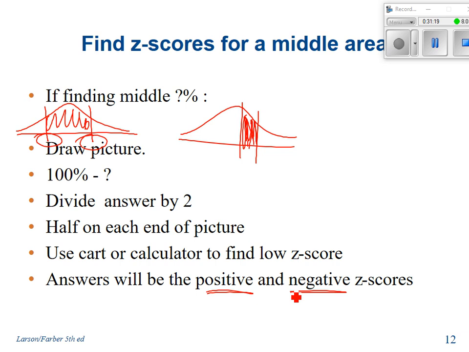And you guys did this right. We subtracted that percentage from 100, then divided by 2 to see how much is on each side. Look up the negative one on the chart, or use your calculator to find it. And the positive one will be the same thing, just change the sign.